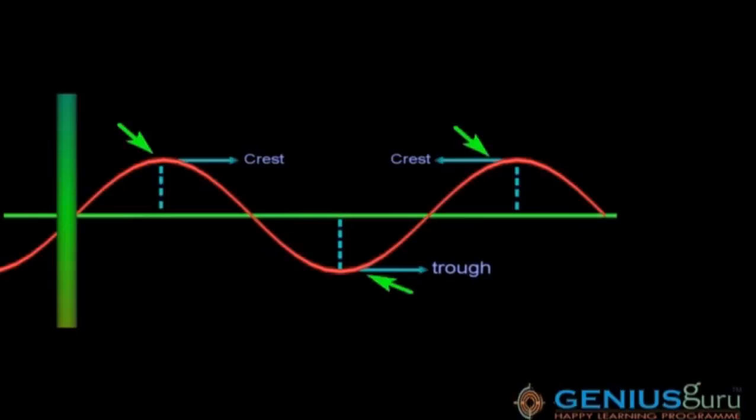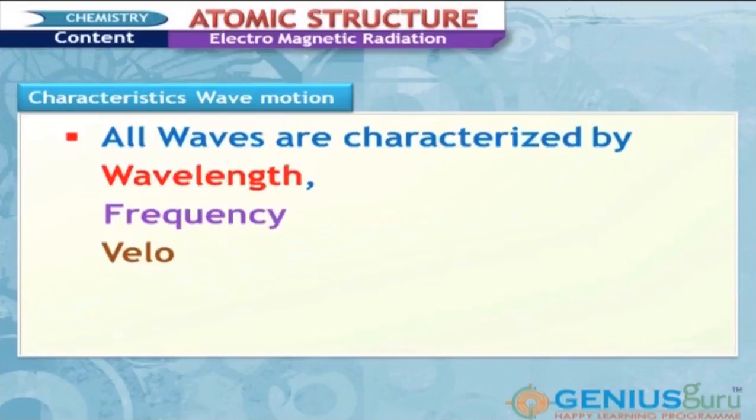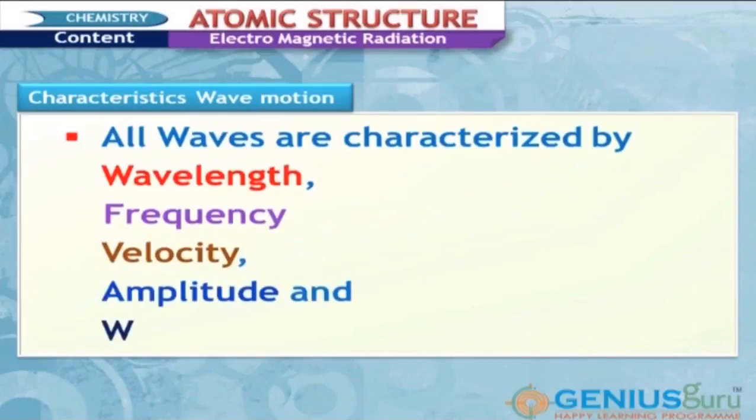Before discussing more about wave theory, let us look at the characteristics of a wave. Waves are characterized by these properties: wavelength, frequency, velocity, amplitude and wave number. So these are the characteristics associated with any wave. Let us discuss them one by one.